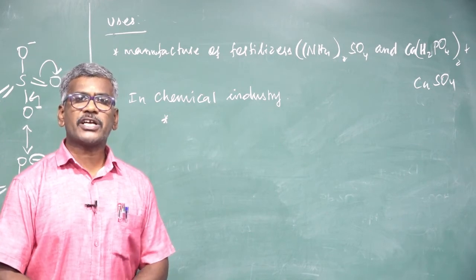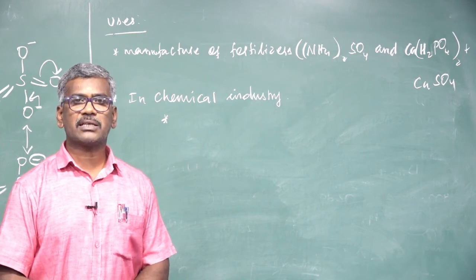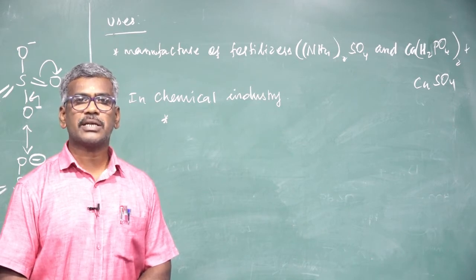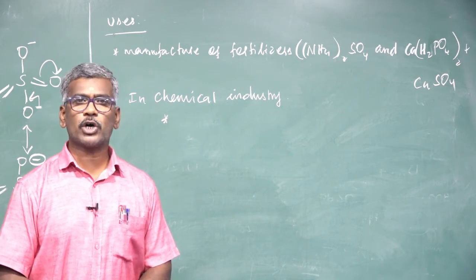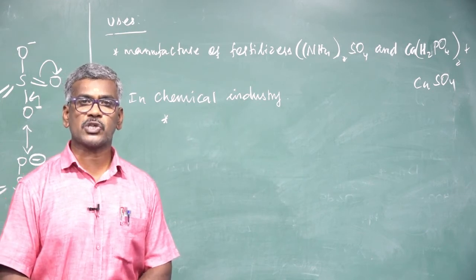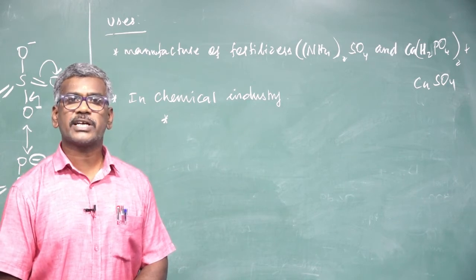Another one, sulfuric acid is used to manufacture organic compounds like dyes, drugs, paints, pigments, detergent, etc. Another important point is explosive compounds. Sulfuric acid is used in the preparation of explosives like DNT. These are the uses of sulfuric acid.